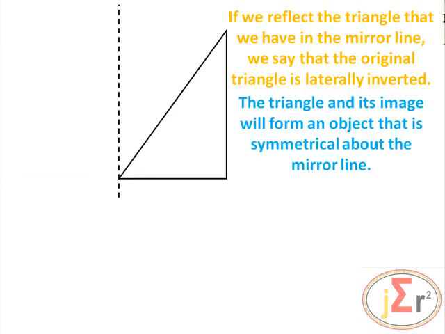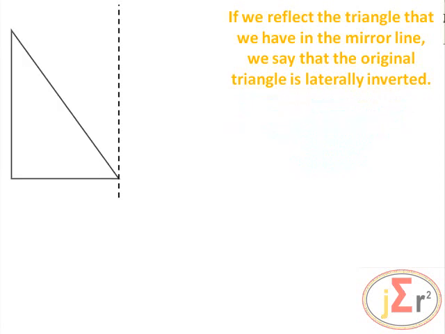The triangle and its image will form an object that is symmetrical about the mirror line. So we take a look at the original form. There we have it, and we reflect it.